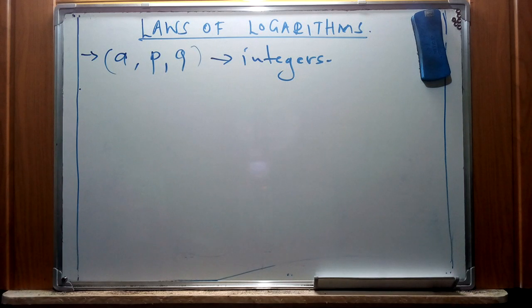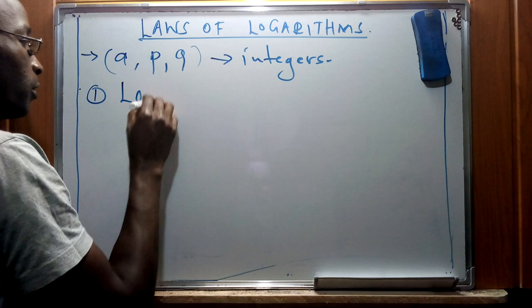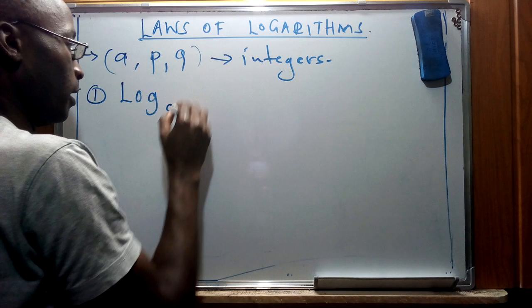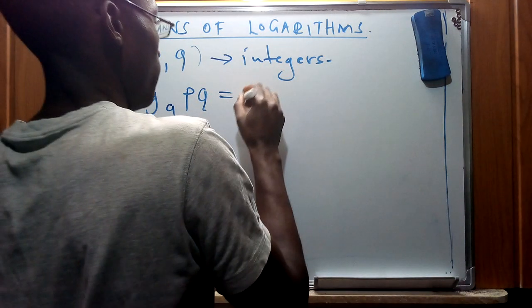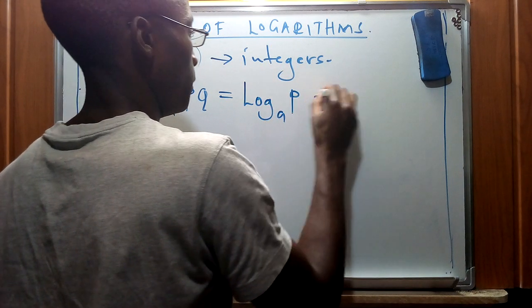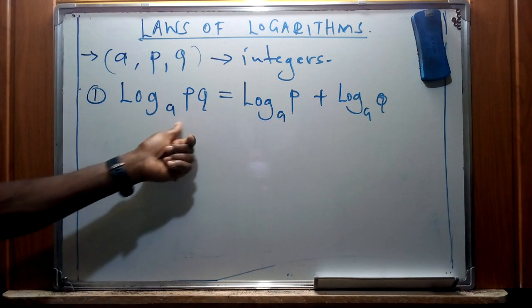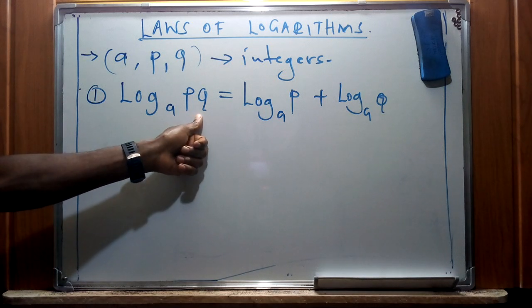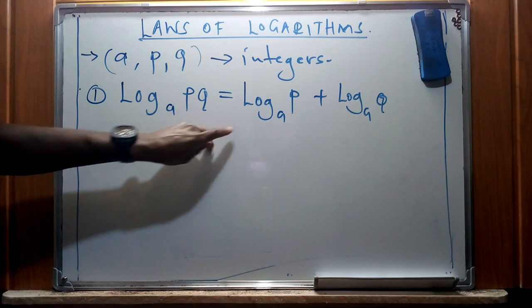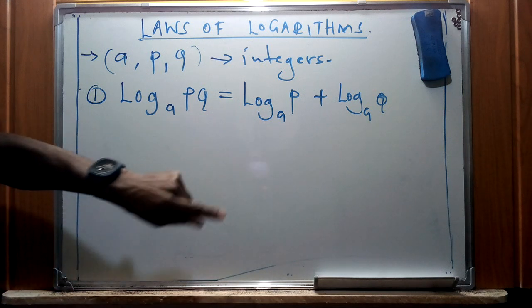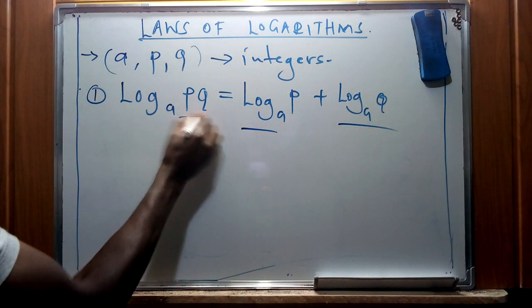And the first one, just give it as number one, we're going to see that a logarithmic function that is represented as log to the base A of the product P Q is going to be equivalent to the log to base A P plus the log to base A Q. This gives us a law which states that for the logarithm of a product of numbers, the result is the sum of the individual logs for those particular numbers.